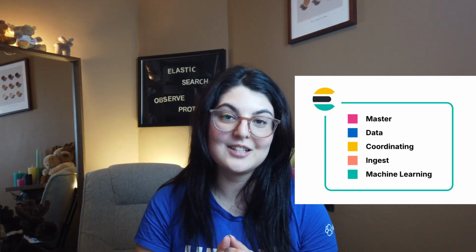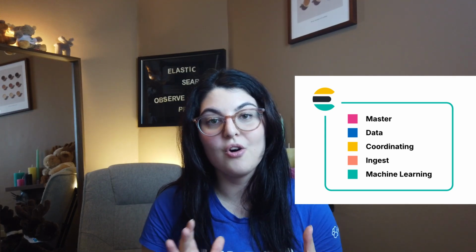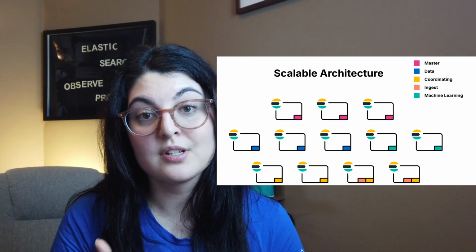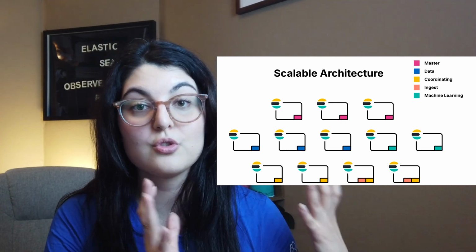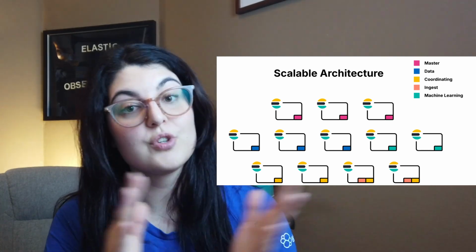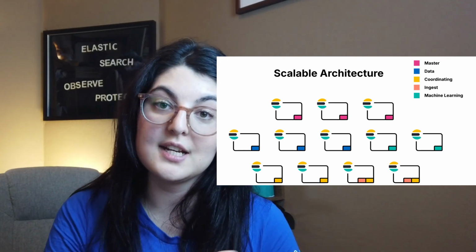Now, of course, this cluster can look quite differently depending on the type of solution you're building, but the important thing is that you have the power to customize it. If you want to ingest a lot more, if you want to store a lot more data, if you want to retrieve data faster, but you don't add data as often, Elasticsearch allows you to customize how you're going to be working with your search engine so that you get the best results on the parts of the process that are important to you.